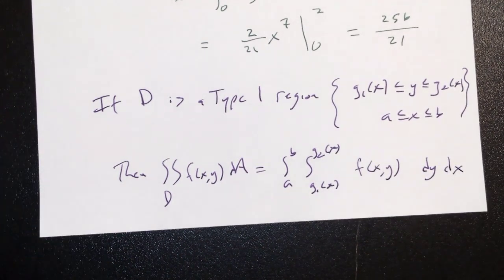This is in a box on page 1002. Now, this works when f is continuous. All of our antiderivatives only work when our functions are continuous. So I'm going to make that claim all the time that I'm dealing with continuous functions.